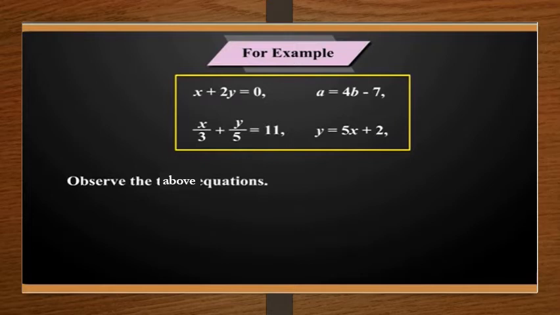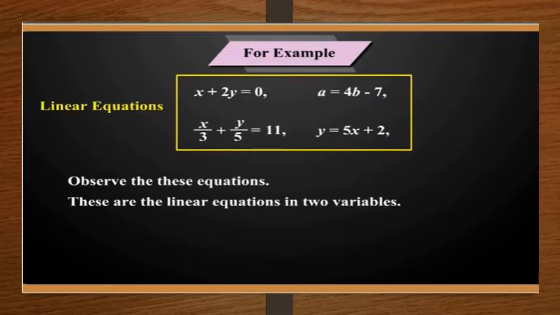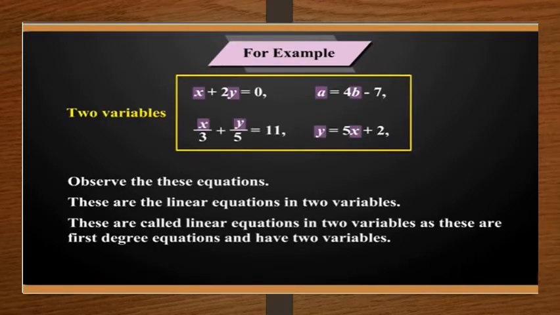When we observe them, we can see two variables in each of these equations, and the degree of each equation is 1. The power, the order, the index value of each and every variable in the above equations is 1. These are the linear equations in two variables. So all four are linear equations in two variables.